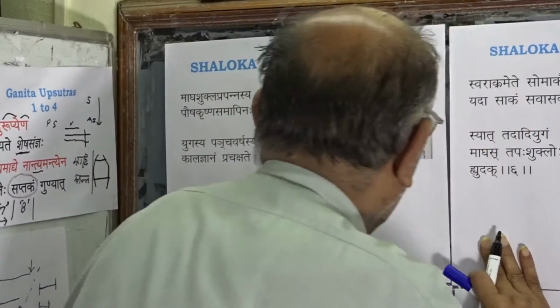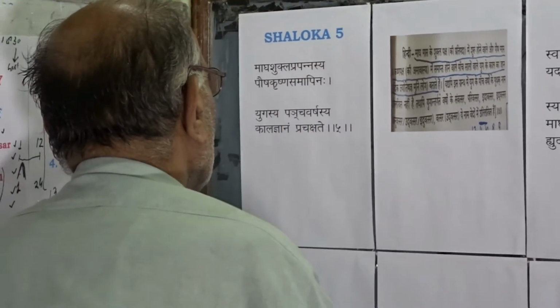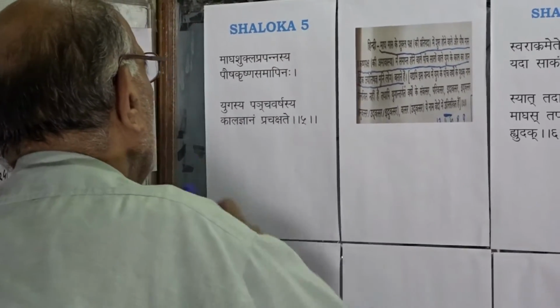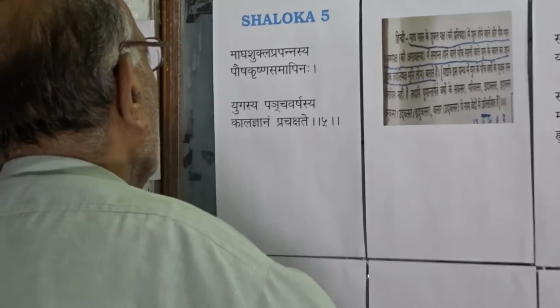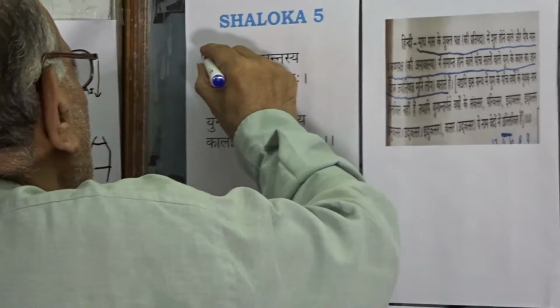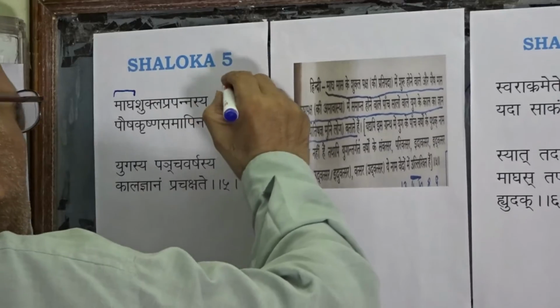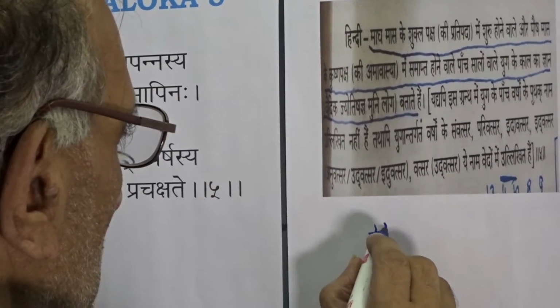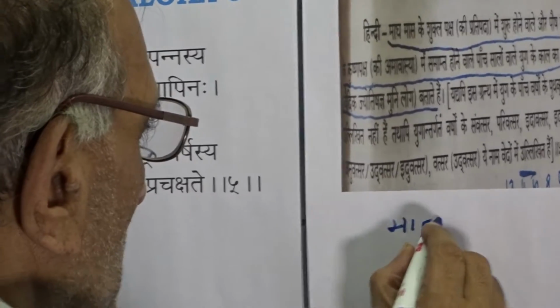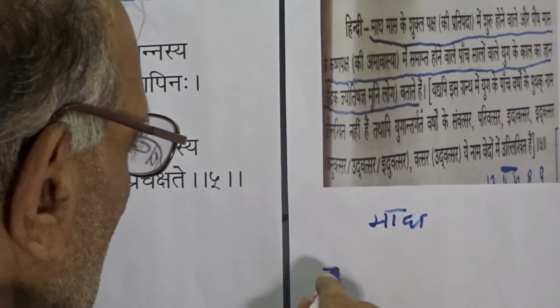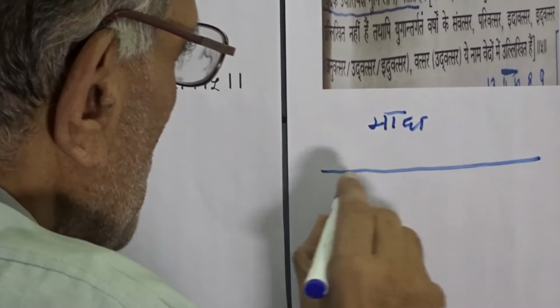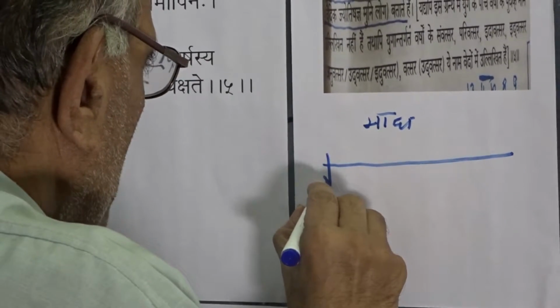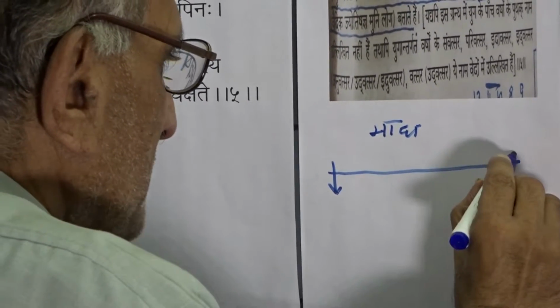The Shloka 5 text has a first formulation, Magh. This formulation would mean, Magh is the name of a month. We know that there are 12 months. So the first month is the Magh month.